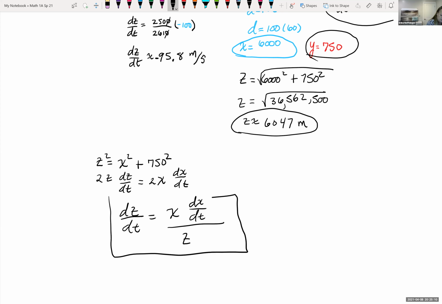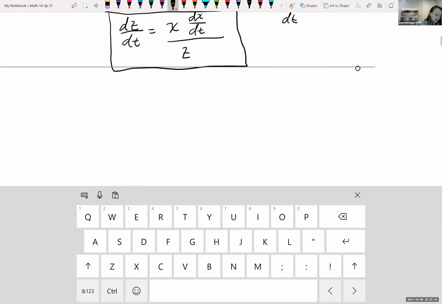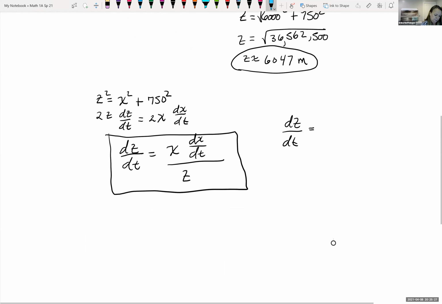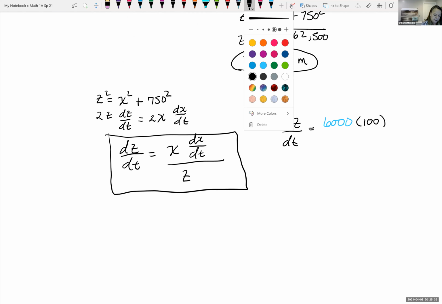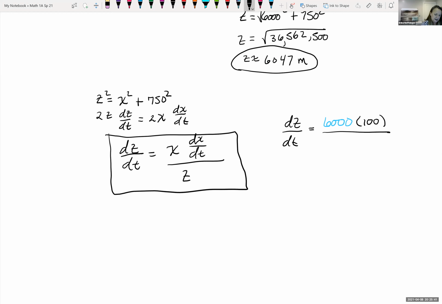So we're going to plug in what we know when it's a minute away from the radar station after it passes it. So the rate of change of that distance between the radar station and the plane is equal to our X value, which we said was 6,000, all times the rate of change, which is 100 meters per second, divided by Z, which we found to be approximately 6,047.